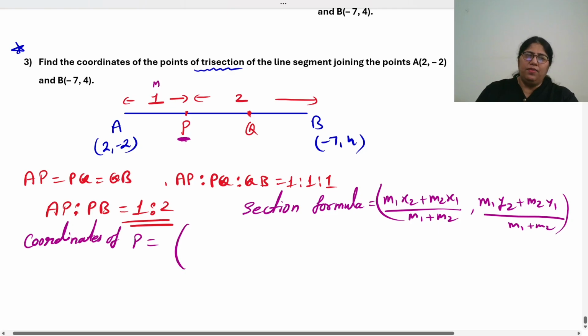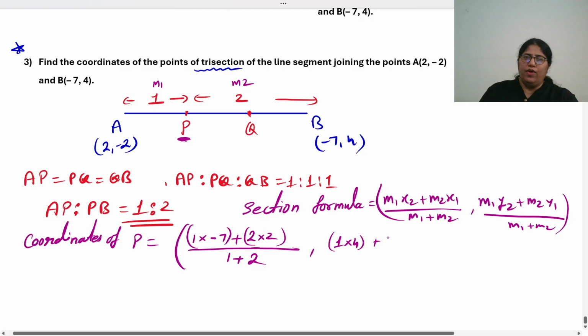This one can be m1 and this one can be m2. So you'll take 1 times minus 7 plus 2 times 2, by 1 plus 2. This is the x coordinate. Then m1y2, which is 1 into 4, plus m2y1, which is 2 times minus 2, by 1 plus 2, right? These are the x and y coordinates.